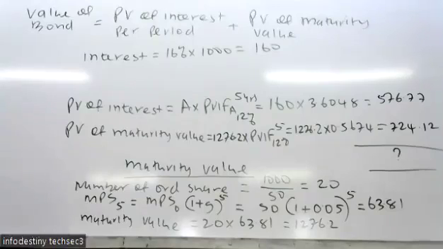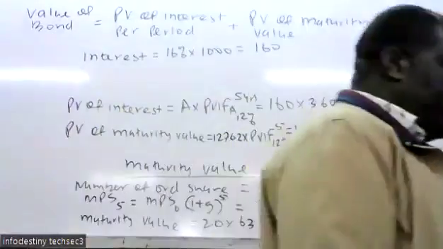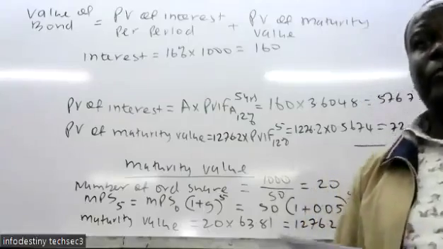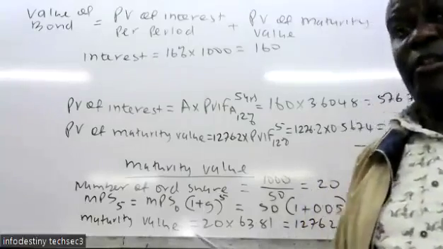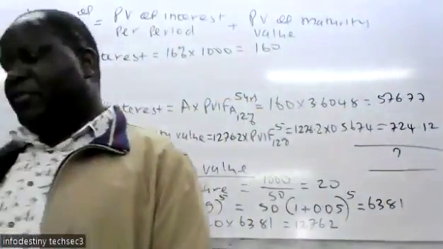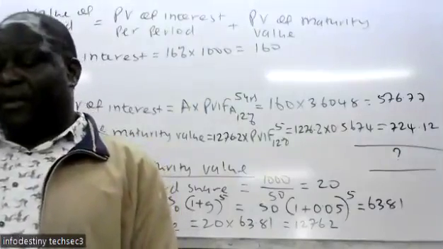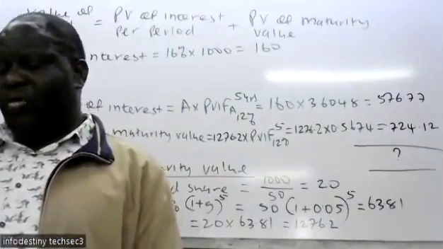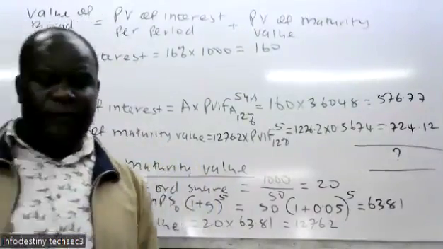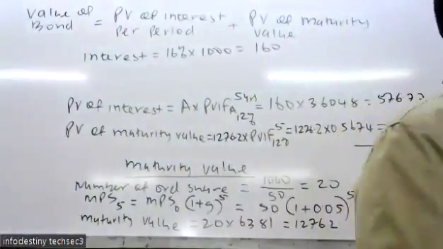And it will mature on 30th June 2028. So the bond will be issued on 1st of July 2018. The cost of capital is 18% per annum for the whole period.